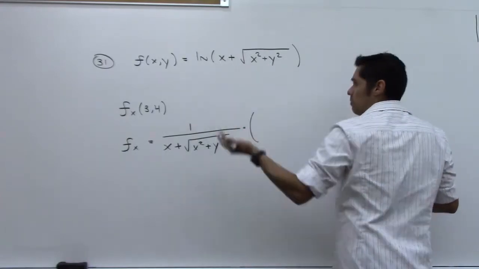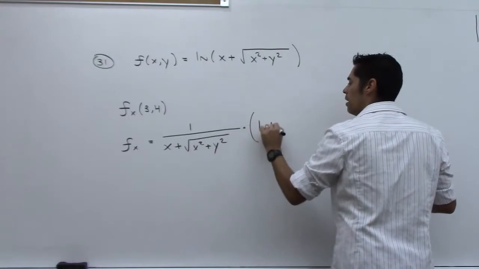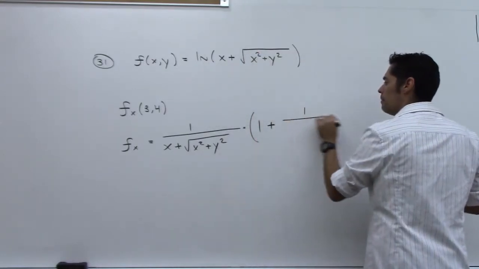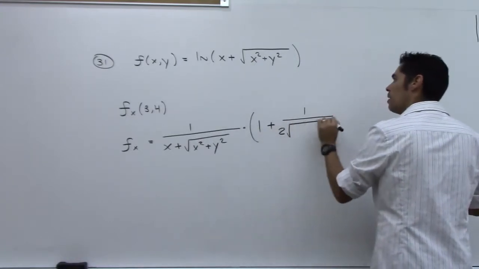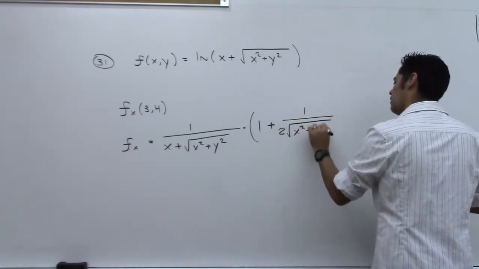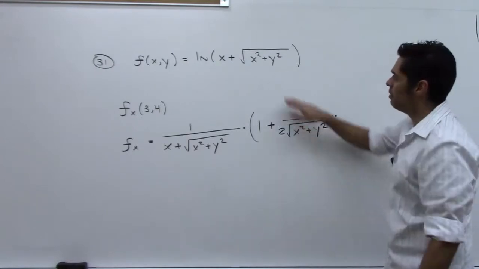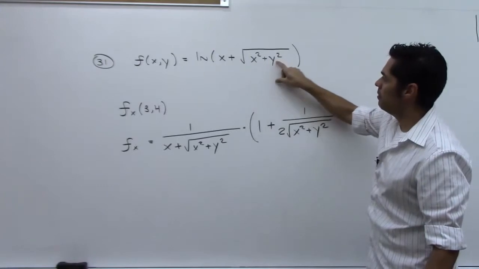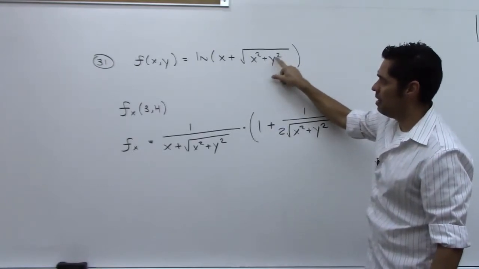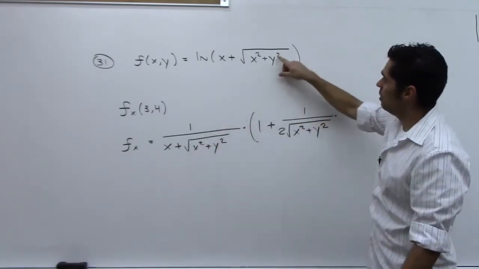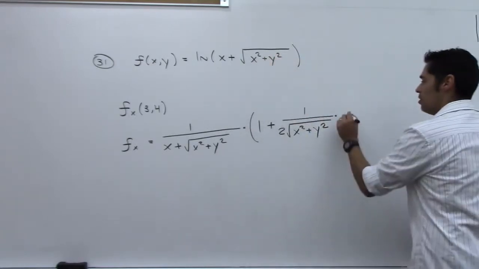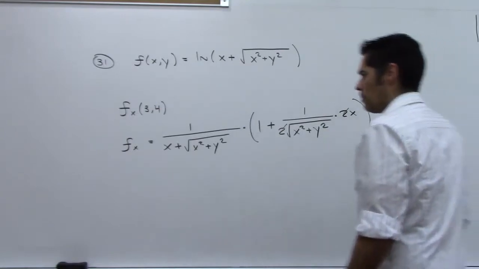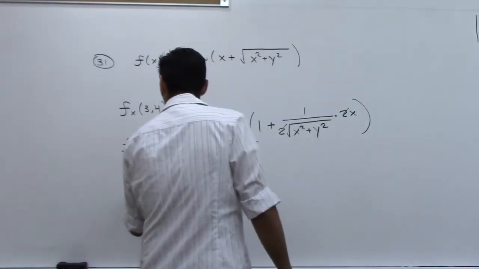The derivative of x, well, x is a variable, so the derivative of x is 1, plus the derivative of the square root of something, which is 1 over 2 times the square root of x squared plus y squared, times the derivative of what was in here. The derivative of x squared is 2x, plus the derivative of y squared is 0 because y is a constant, because we're doing partial with respect to x. So the derivative of the inside of this is just 2x. So I'll put that there. These 2's cancel. And I'm just going to leave it like that.